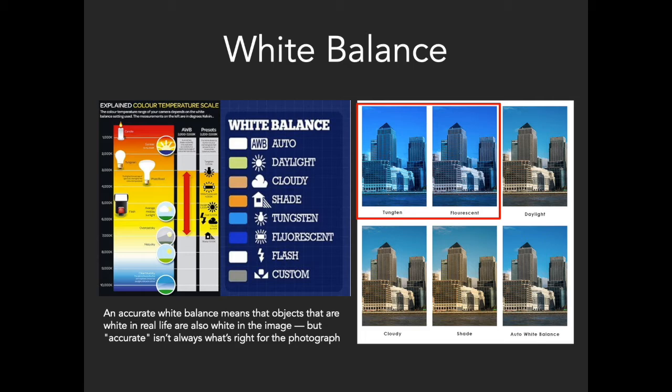But you do not have to use the Kelvin scale in custom mode. You can also use the presets for white balance in your camera. For example, the cloudy or the shade preset is going to give you a warm feeling. The tungsten or the fluorescent preset is going to give you a cooler feeling.